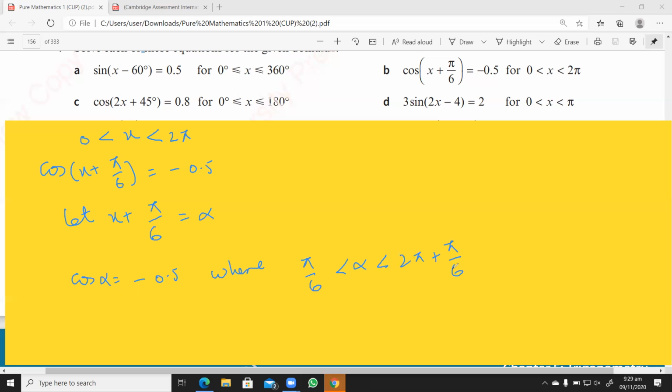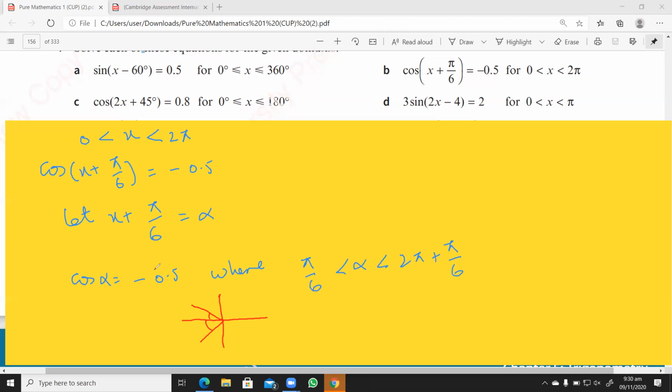This would tell you whether you're going beyond the first revolution. So now we have cos alpha equal to minus 0.5. So I should mark the quadrants here. This is negative in these two quadrants.